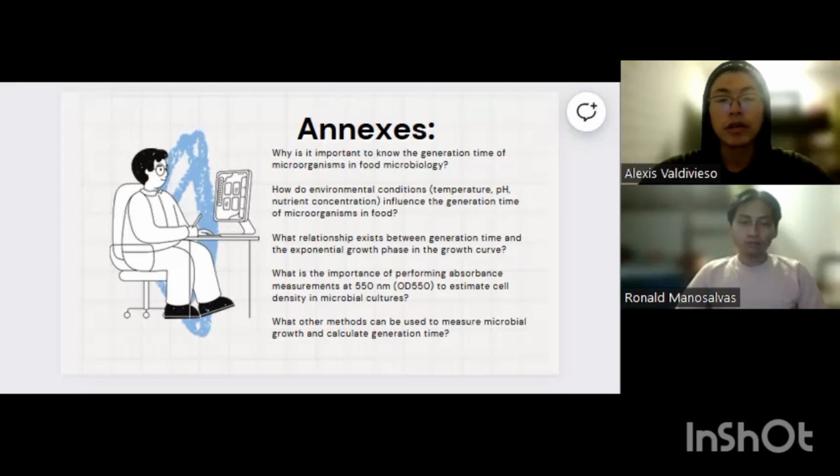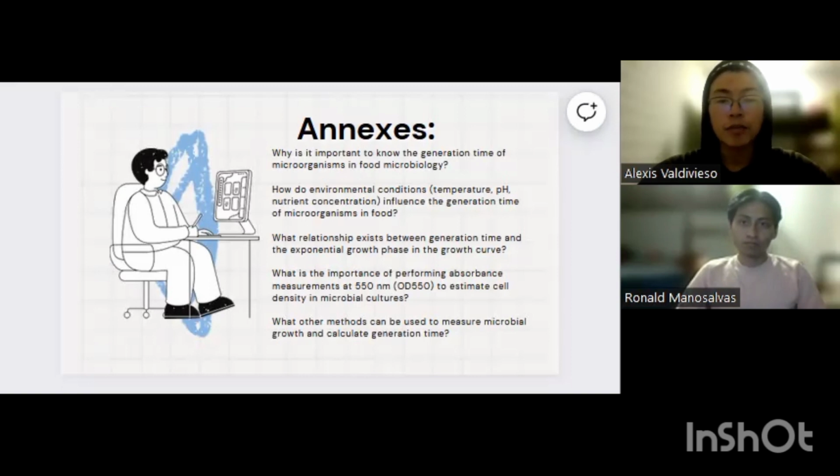Flow cytometry. This method involves passing a microbial sample through a flow cytometer, which can count and measure properties of individual cells in a population. It allows for high throughput and accurate measurement of microbial growth dynamics.